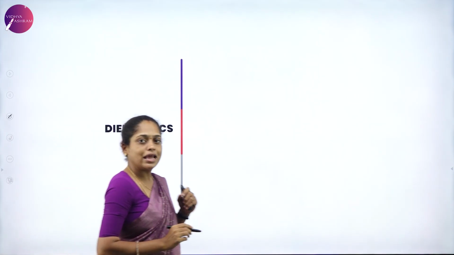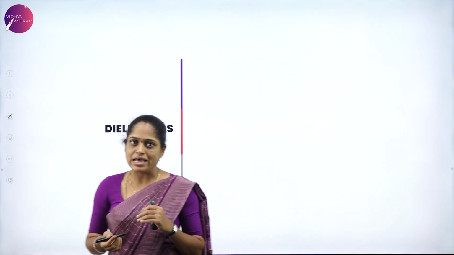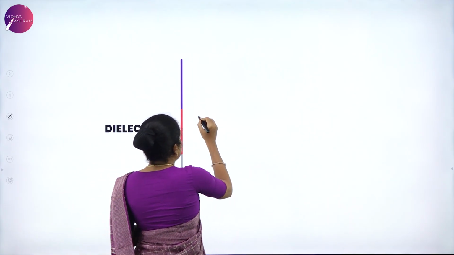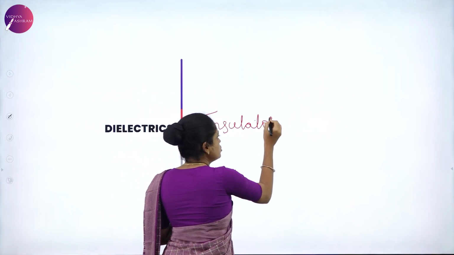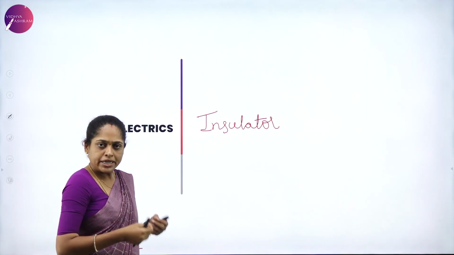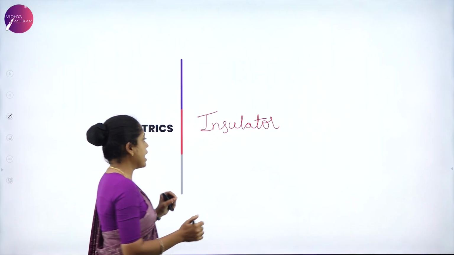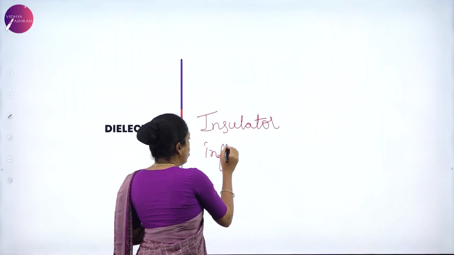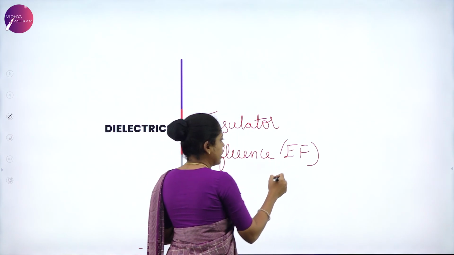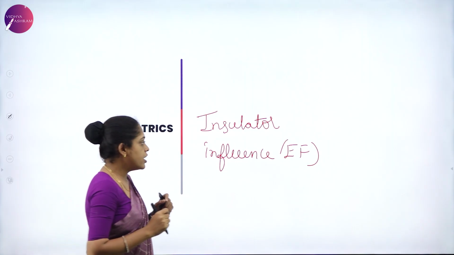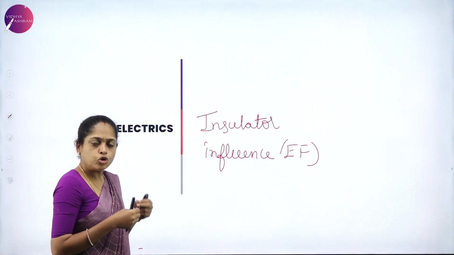And the next one is dielectric, which is very important before knowing about the capacitor. So what is a dielectric? A dielectric is an insulator, and you know that an insulator is a material which does not allow electricity to pass through it, but it can influence or affect the electric field without allowing the current to pass through it.